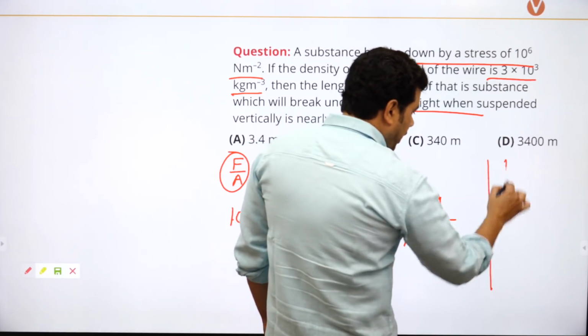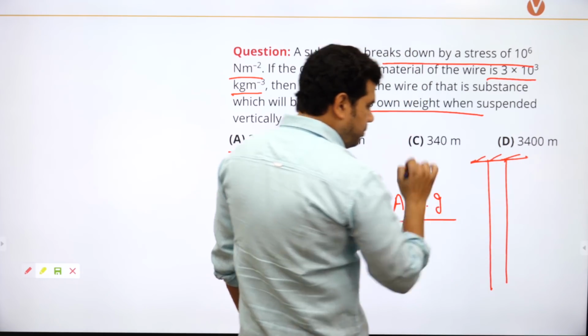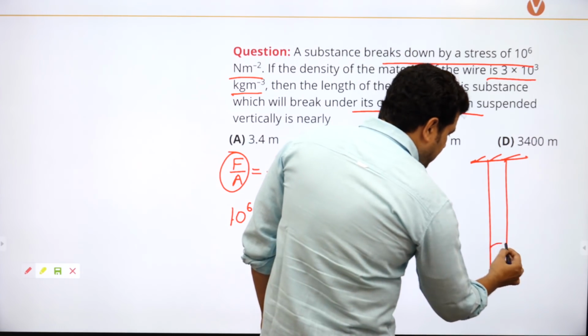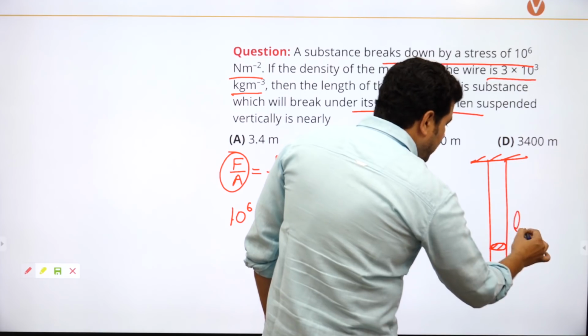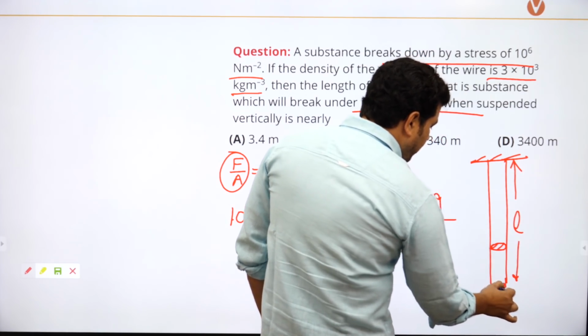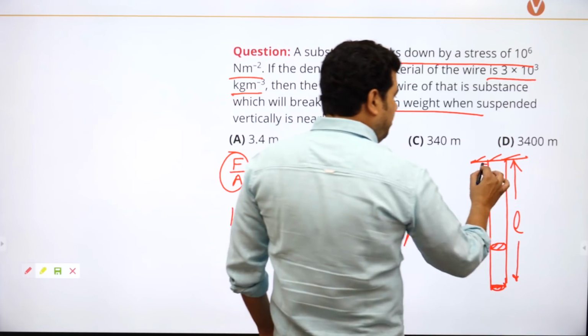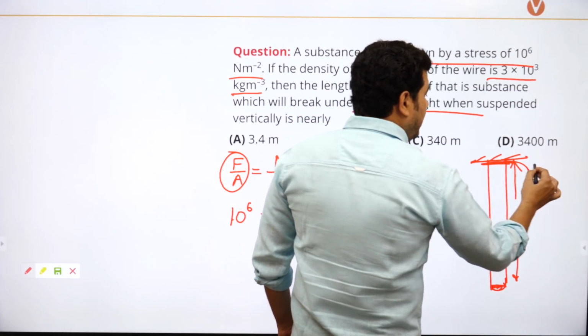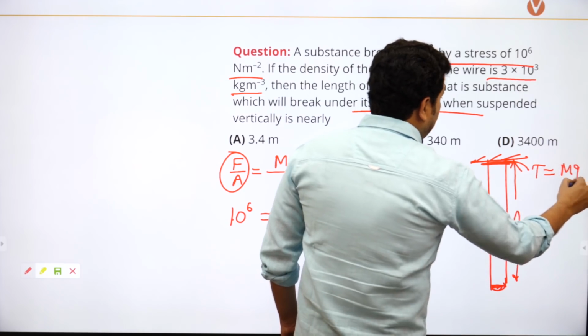The question asks, if we suspend the wire here with this cross section area, what is the maximum length? If the length increases, then its mass or weight also increases, so the maximum tension will be here. That tension is mg.